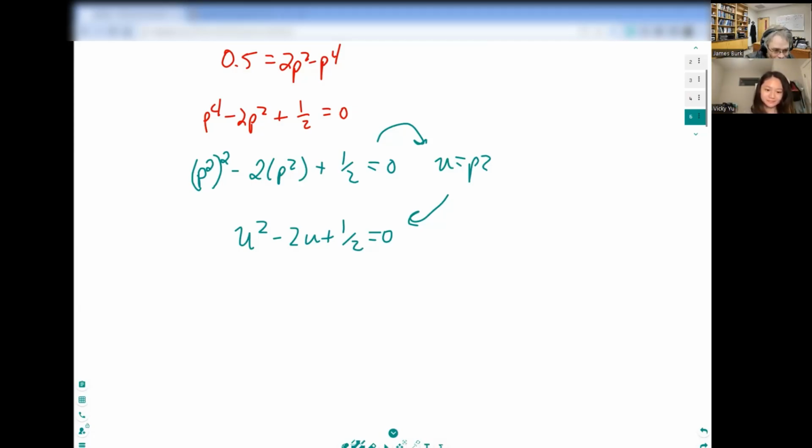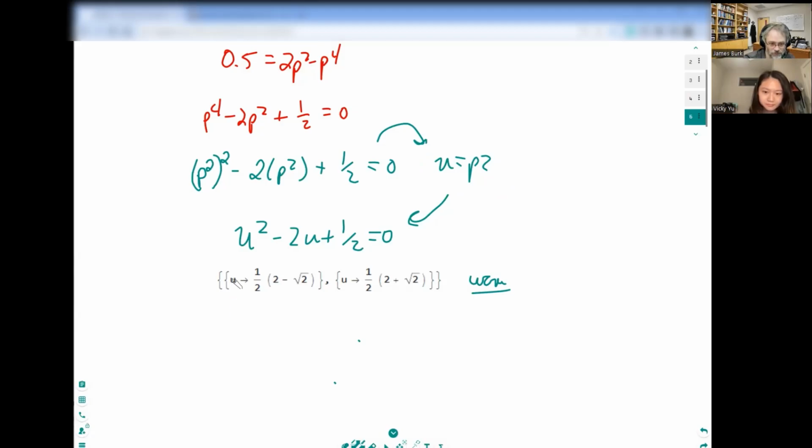Mm-hmm. Now, as we solve it, after we use a quadratic formula, we get these crazy answers. Wow. It's crazy. Now, I'm solving for not u, but for P, remember?